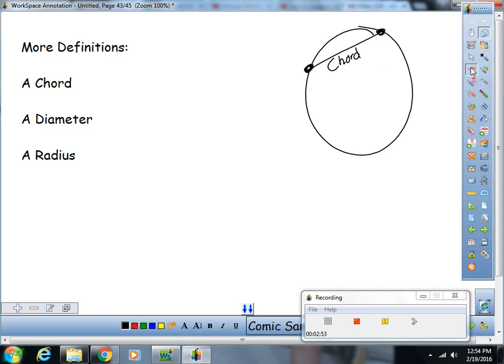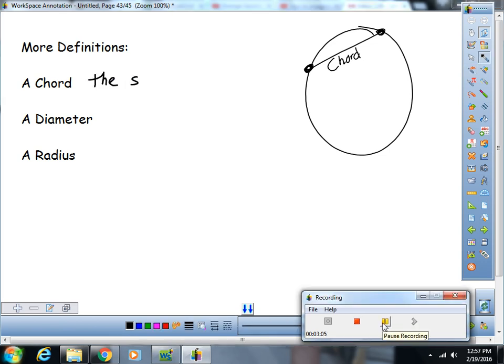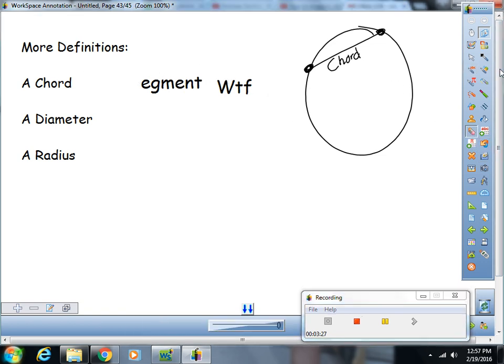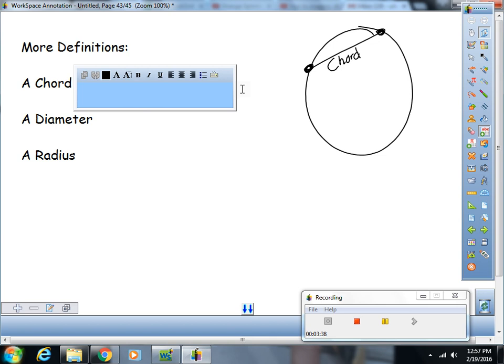Well, it's the segment with endpoints that lie on a circle. I'm not going to use that feature anymore.